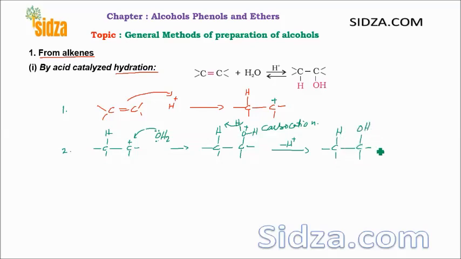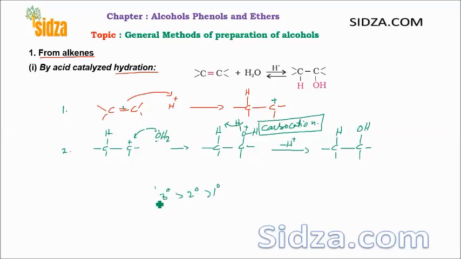Overall, this reaction is the addition of water across the double bond. The double bond breaks, and one carbon gets hydrogen, the other one gets an OH. The important thing to remember is that the intermediate during this reaction is a carbocation, and we know the order of stability of the different carbocations: tertiary is more stable than secondary, than primary.